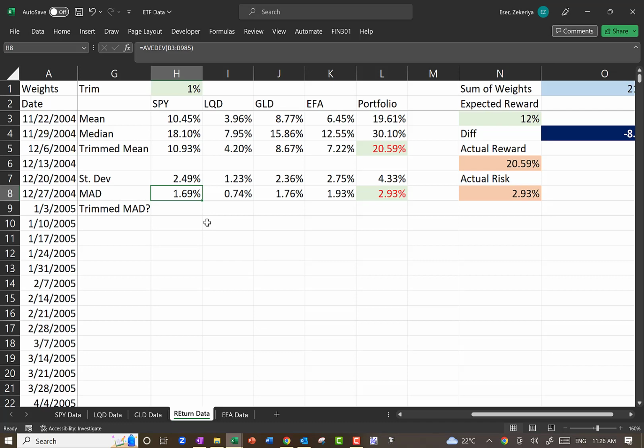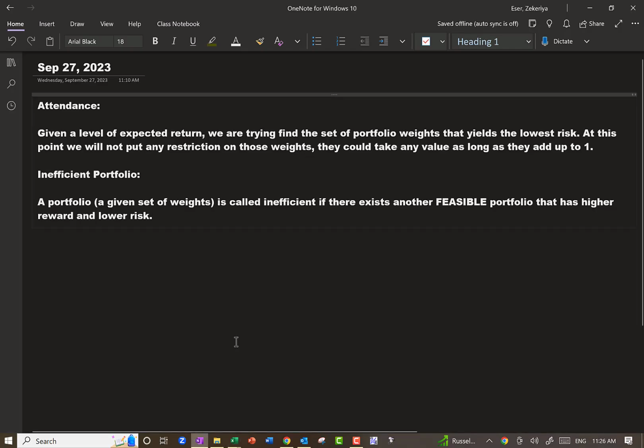But in this simple environment, if I use a portfolio of SPY, I'm expected to get a higher return, right? 1093 versus 867. But on the other hand, I also have lower risk as measured by mean absolute deviation. Hence, SPY dominates GLD. That means GLD is inefficient.